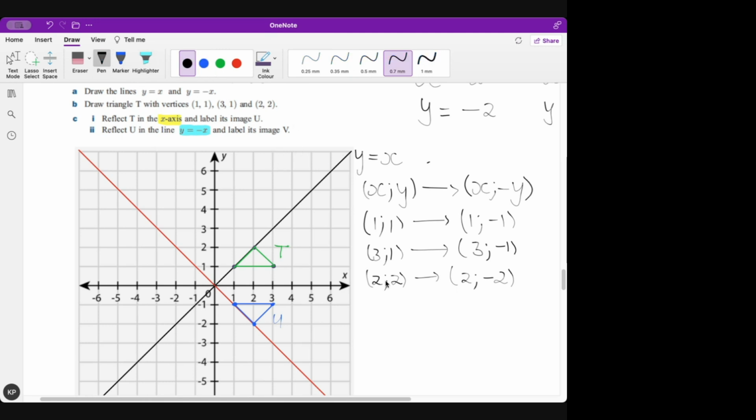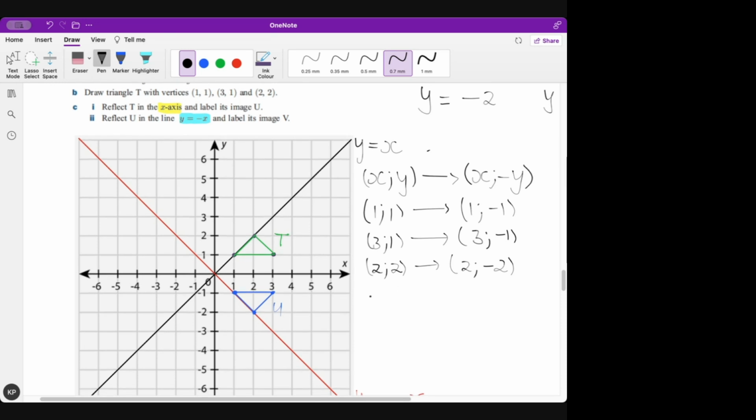Oh, isn't that interesting? Let's come up with a general rule here. x, y. How do we reflect something upon the line y is equal to negative x, which is this guy over here? Where will this end up? What do you guys think?